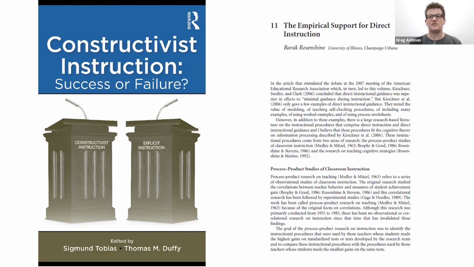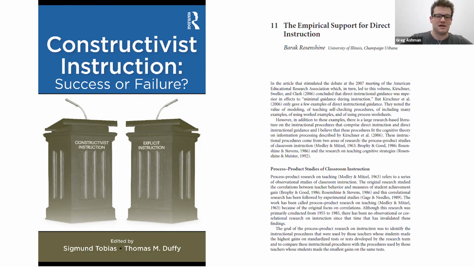And if you look at, say, for instance, in the slides showing you there, a book called Constructivist Instruction, Success or Failure, edited by Tobias and Duffy. In there, one of the chapters is written by Barak Rosenshine.